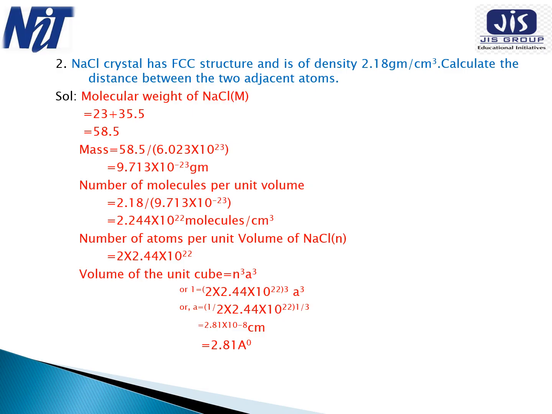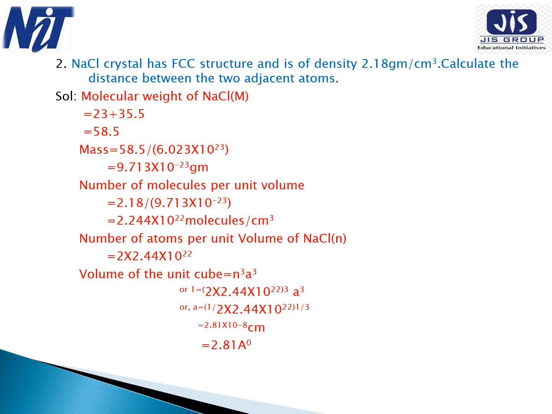So this will give us 9.713 into 10 to the power minus 23 gram. So the mass of a sodium chloride molecule is 9.713 into 10 to the power minus 23 gram.